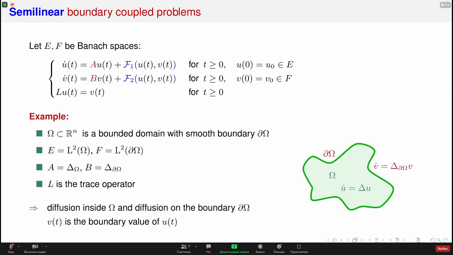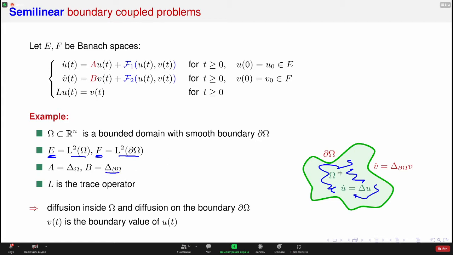As an example, as I told you, consider that omega is a bounded domain with some smooth boundary, d omega, and then E and also F are the corresponding L2 spaces. The operator A is the Laplacian inside omega. So this is the Laplacian we all know.